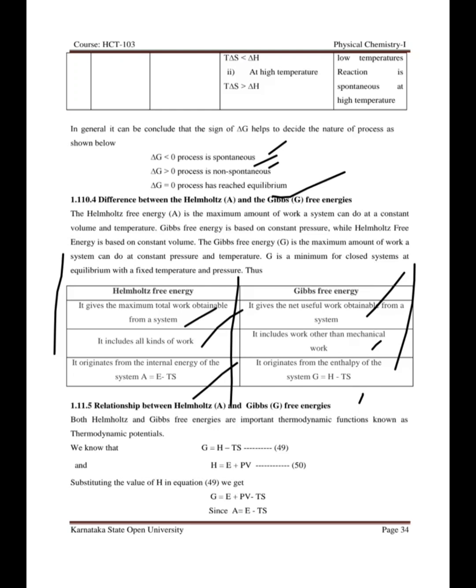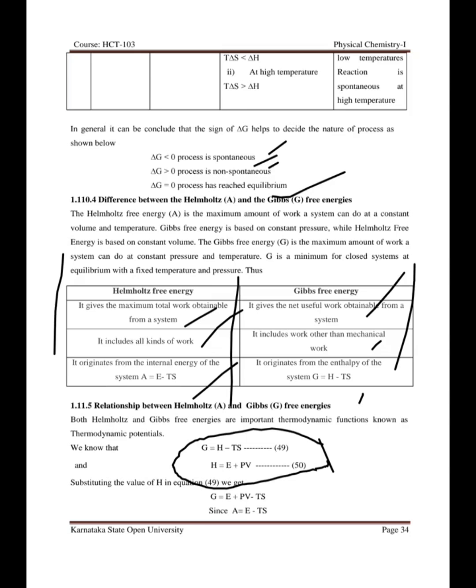Now we will find the relationship between Helmholtz and Gibbs free energy, taking both equations as 49 and 50.